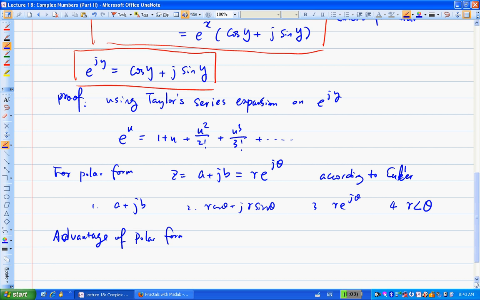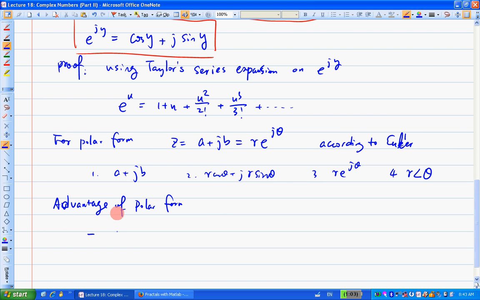So the advantage of polar form largely depends on Euler's formula. Now, if you remember, when we do multiplication or division, so when we have z1 multiplied by z2, or z1 divided by z2, the standard operation is to plug in a1 plus jb1 and a2 plus jb2, and then do the regular multiplication.